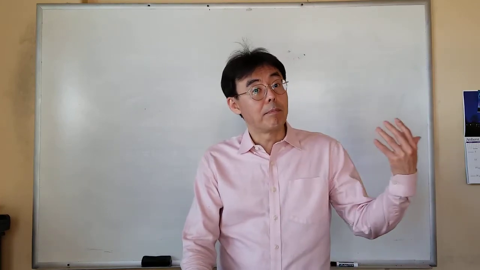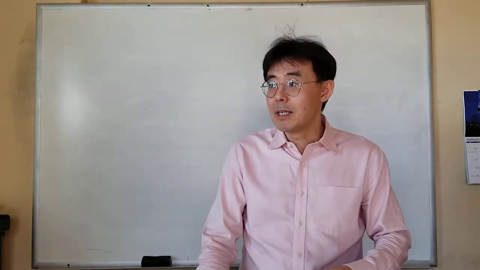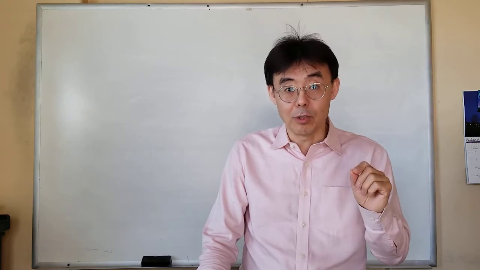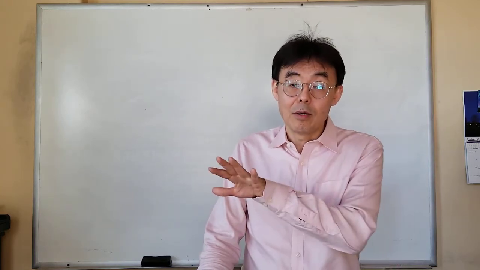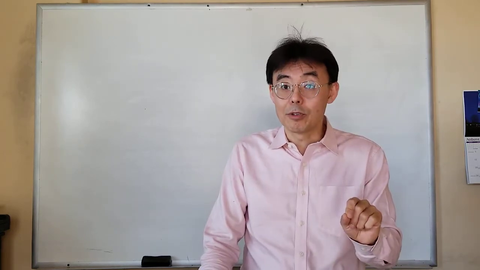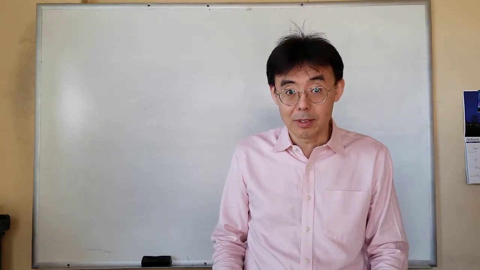Now, if you have a non-homogeneous equation, you have to find only one solution, one particular solution, and then the general solution of the homogeneous equation plus that particular solution will give you the general solution of the non-homogeneous equation.